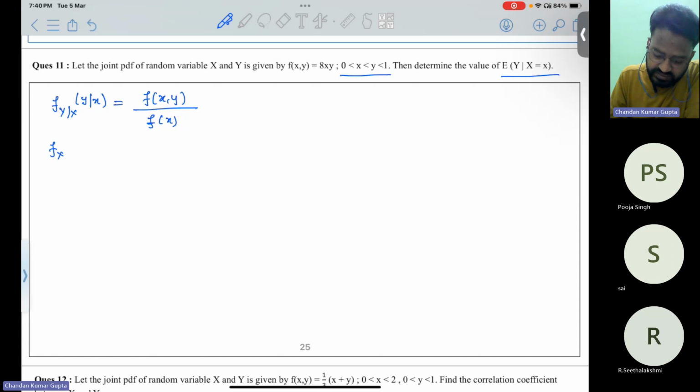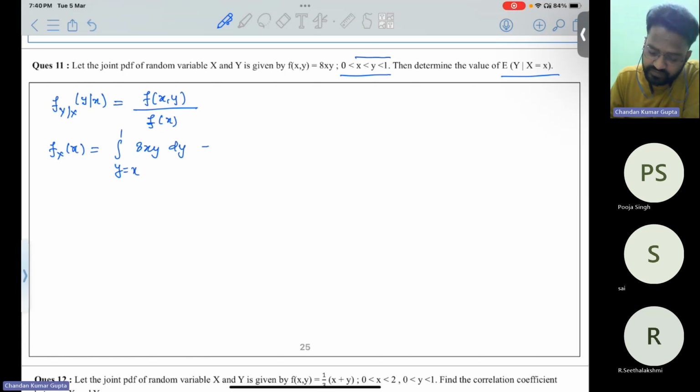So the marginal of x is defined as the integral over y of 8xy dy, and the range of y from here comes out to be from x to 1.